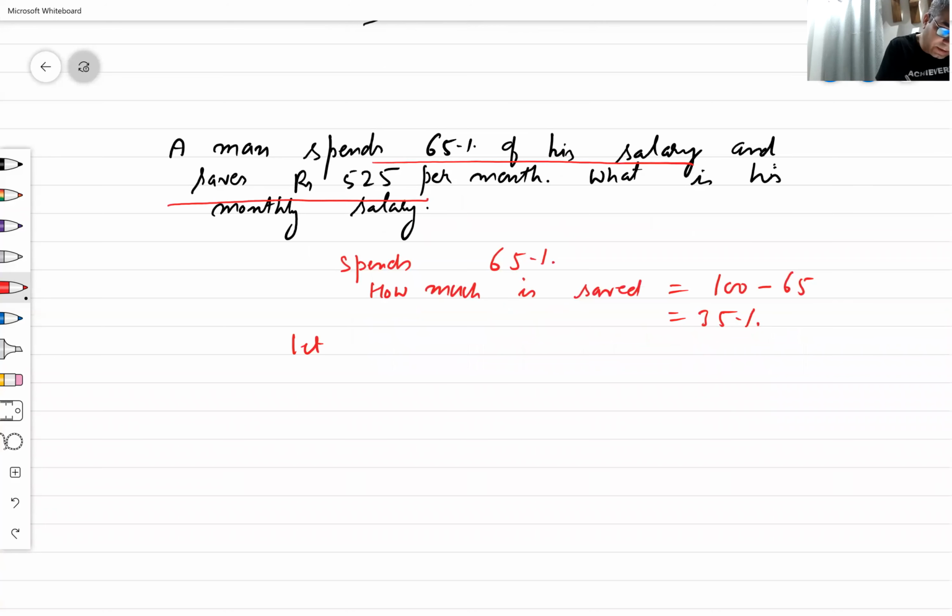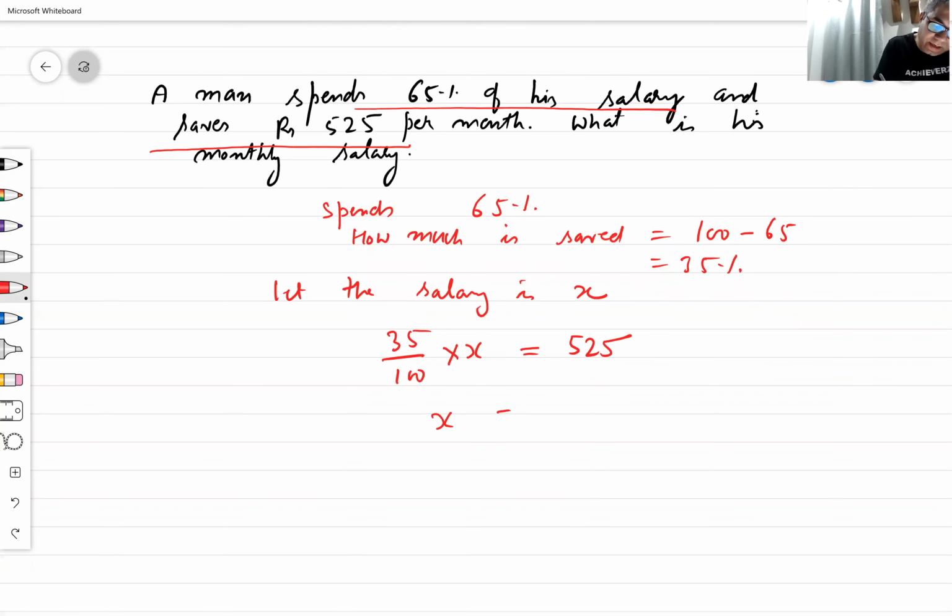So let the salary be X. So 35% of X is equal to 525. By this we can calculate our X: 525 into 100 over 35, and that will come out as 1,500 rupees. If you have some problem, please tell me now.